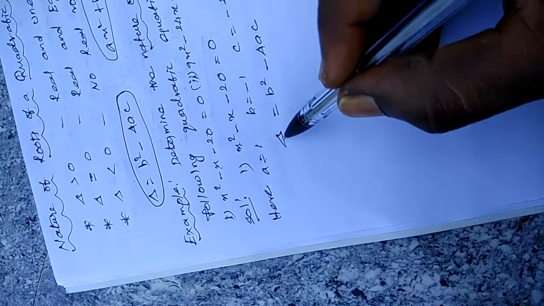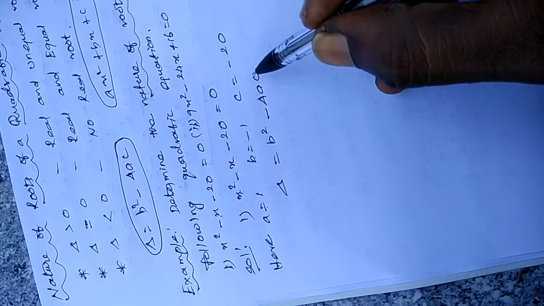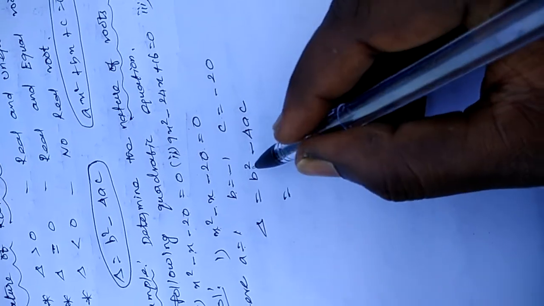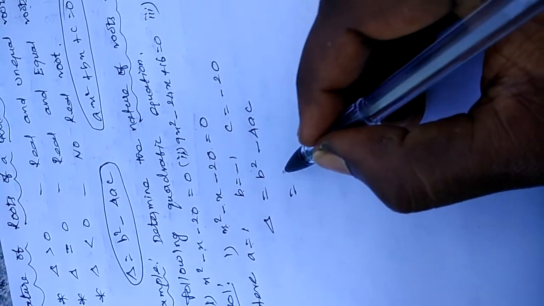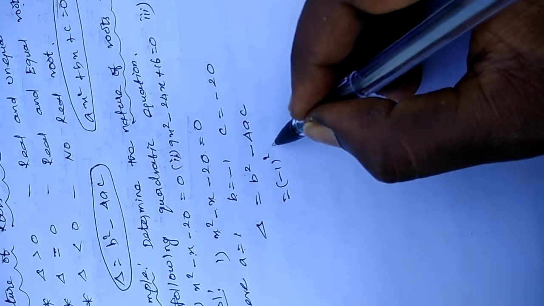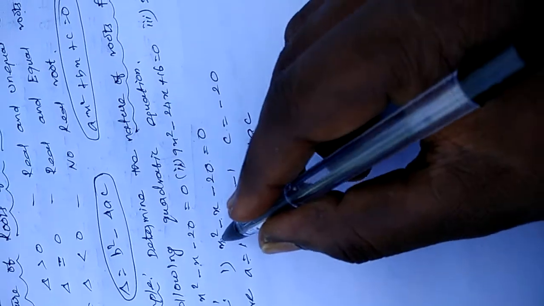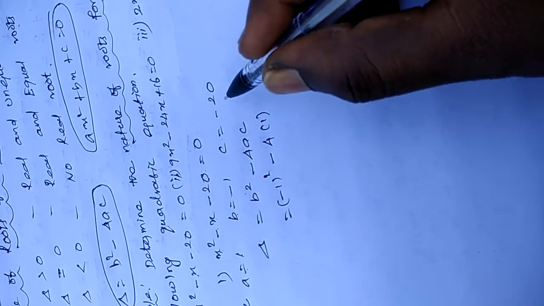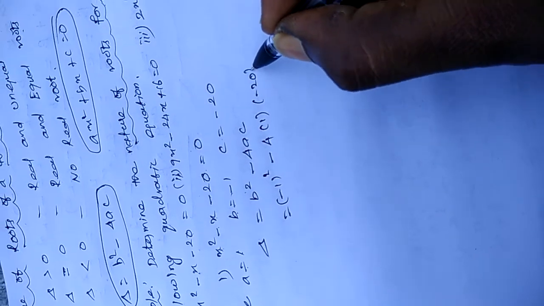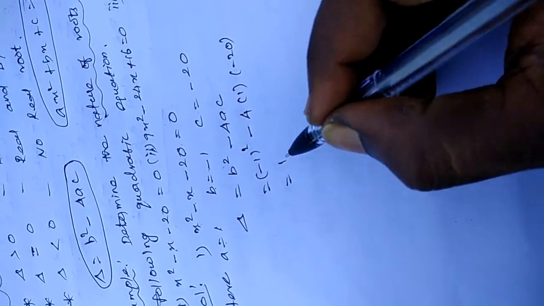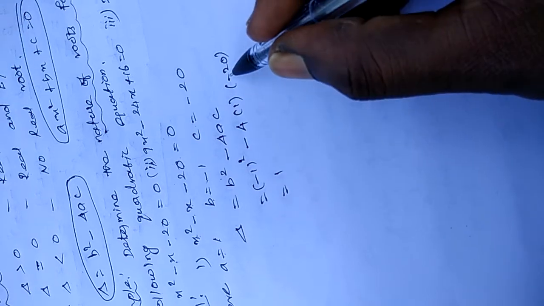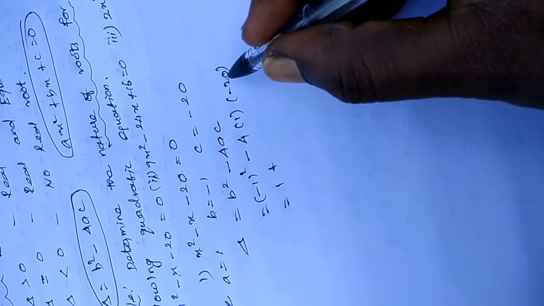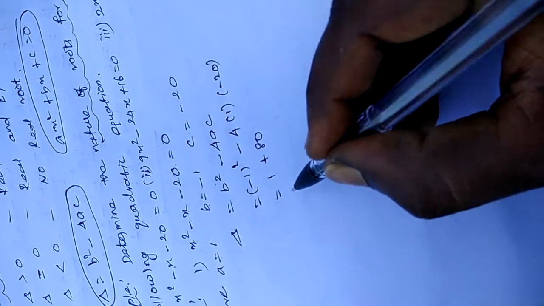So what is delta? Delta is equal to b squared minus 4ac. B value is minus 1, so minus 1 the whole square minus 4 into a 1, c minus 20. So minus 1 the whole square plus 80, which is totally 81.